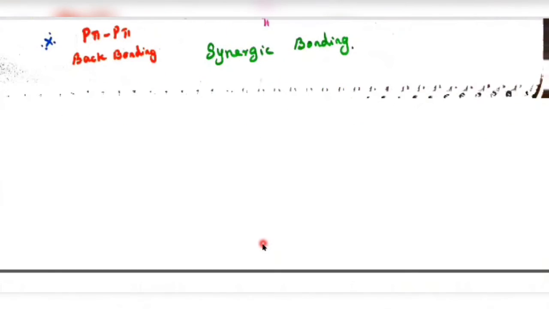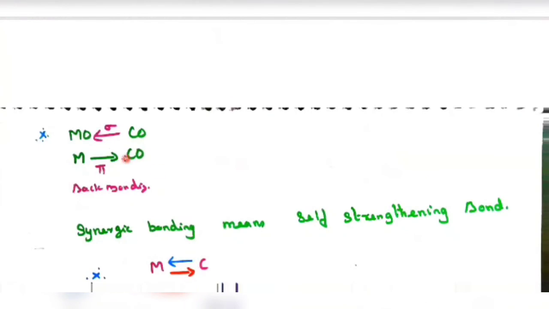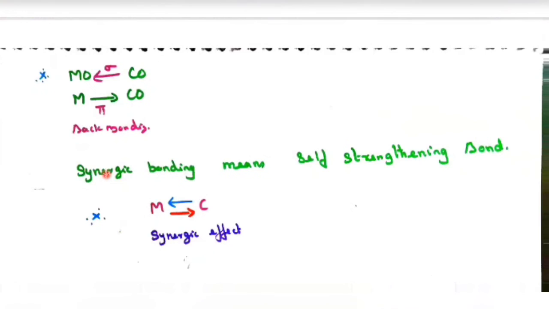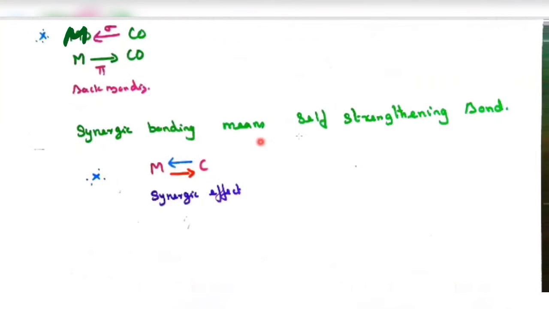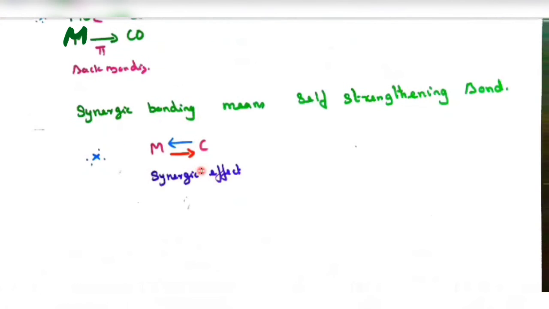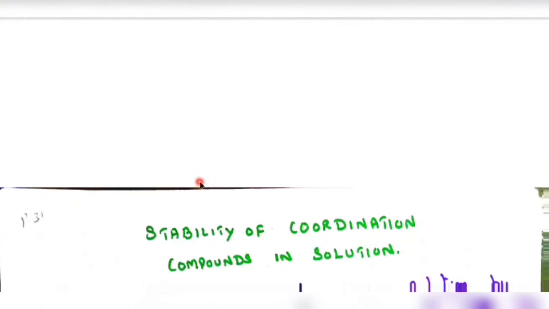Here CO gives electrons to the orbital of the metal, forming a sigma bond, and the metal gives electrons to the carbonyl carbon, which is called back bonding. Synergic bonding means a self-strengthening bond: carbon gives to the metal and the metal gives to the carbon. That synergic effect takes place by back bonding. Thank you, students.